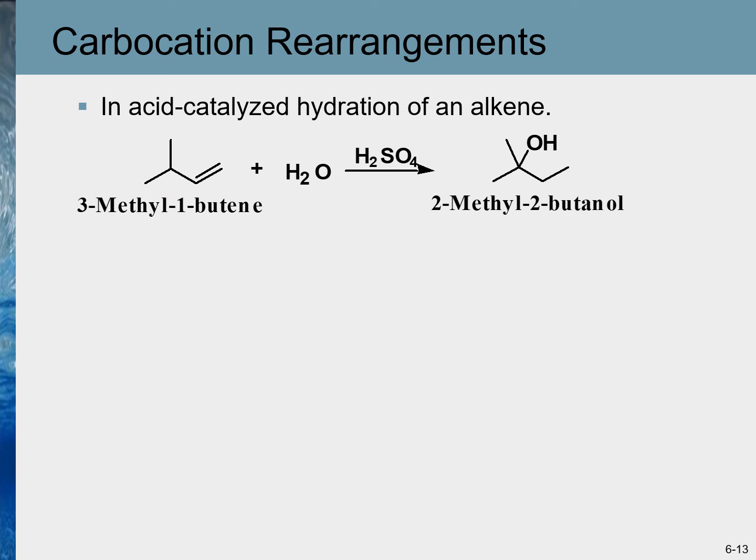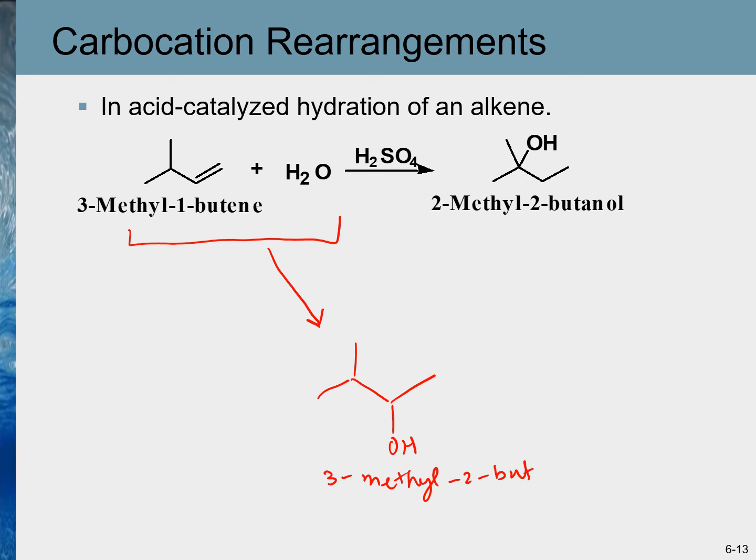Here is another example of an addition reaction in which we observe carbocation rearrangement. According to Markovnikov's rule, the expected result from this reaction should be the formation of 3-methyl-2-butanol, or in other words, the hydrogen should go to number 1 carbon and OH should go to number 2 carbon.